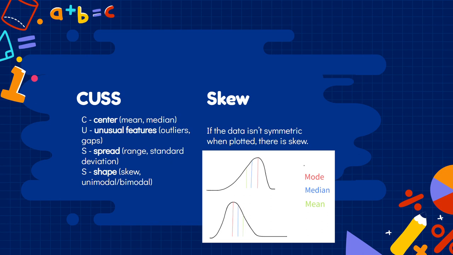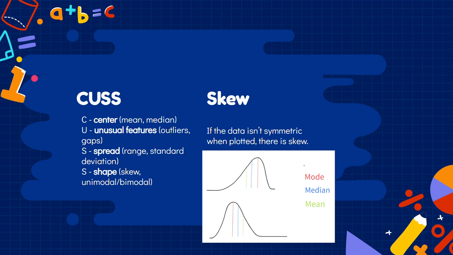You find the mode, and it's not equal to the left side and the right side of the mode. The mode is the data value that occurs the most.